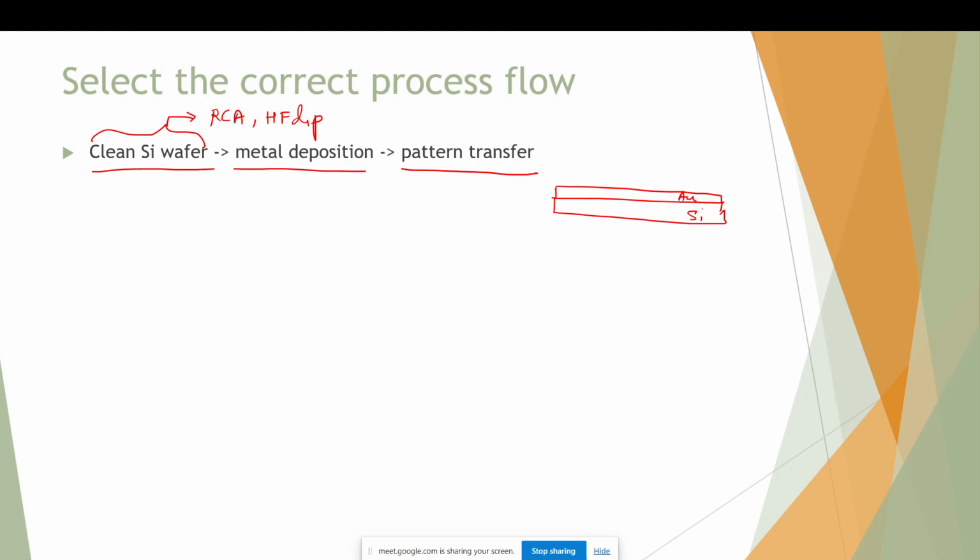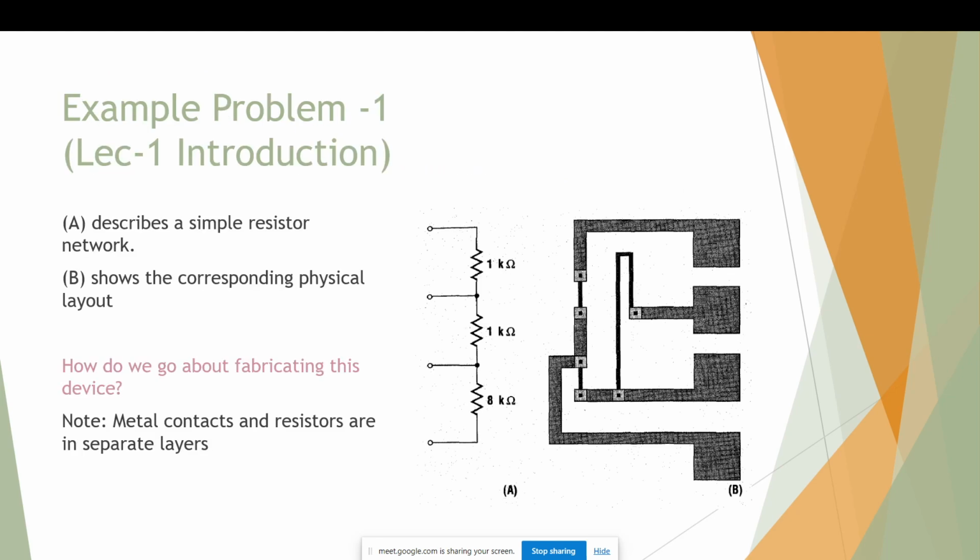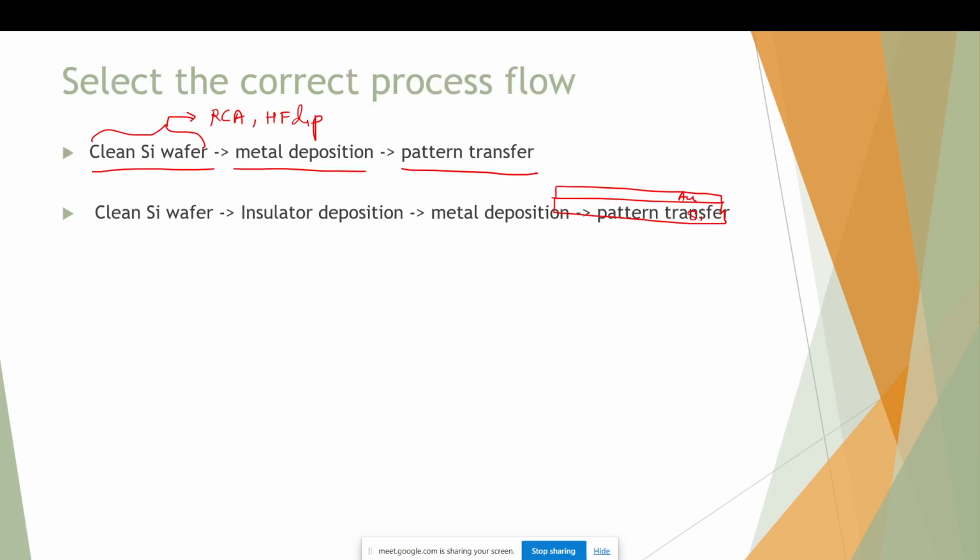Let us assume that I already have a mask from the mask manufacturer for this design, and now I just transfer the pattern of that mask onto the gold layer here.